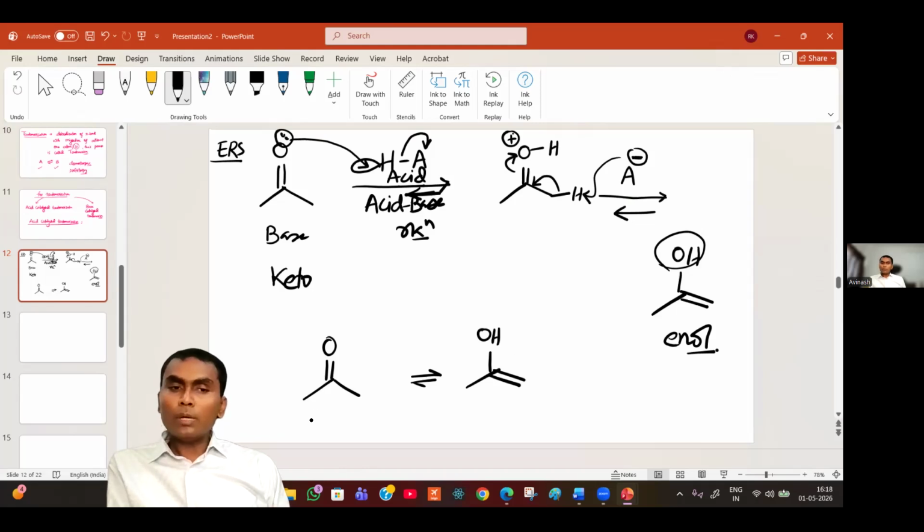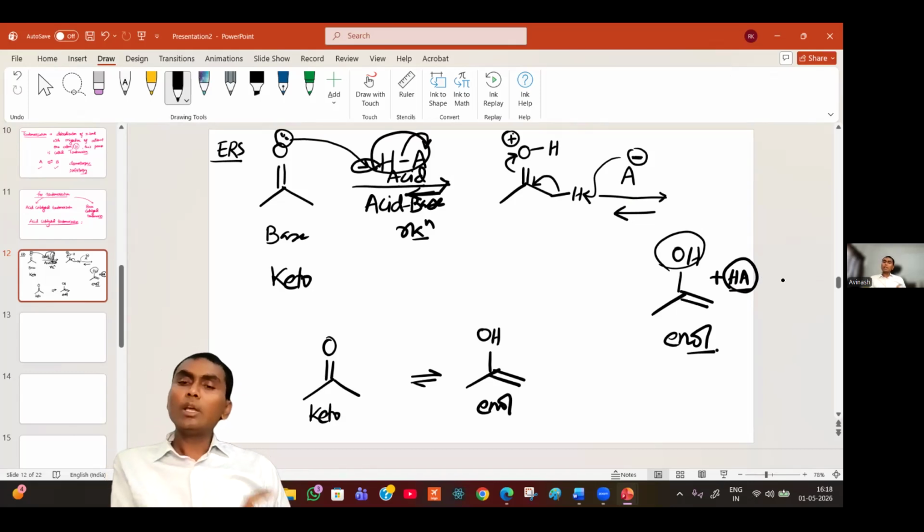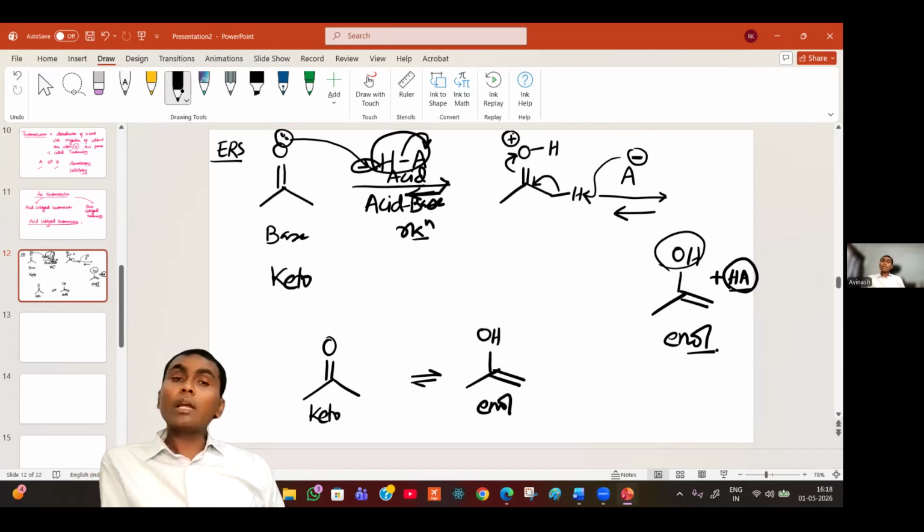This one is keto and this one is enol. HA goes and comes back, so HA behaves as a catalyst. This is called acid catalyzed tautomerization.